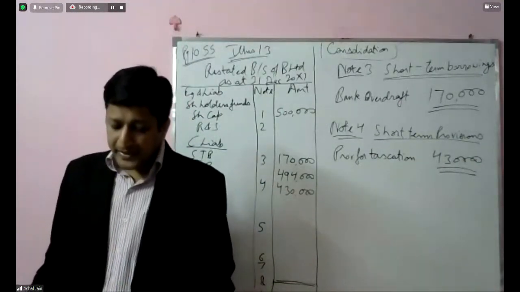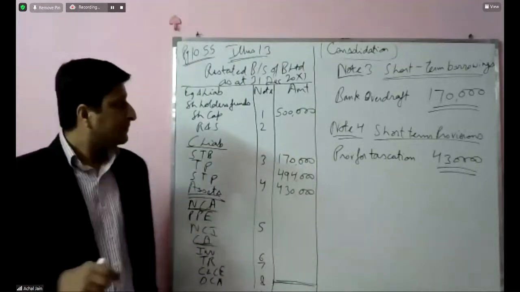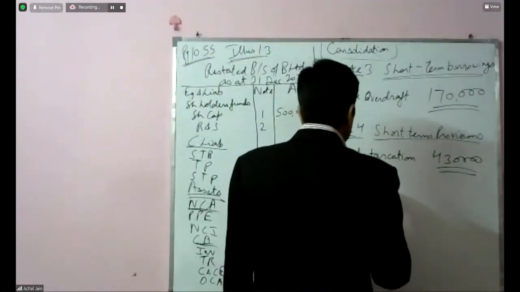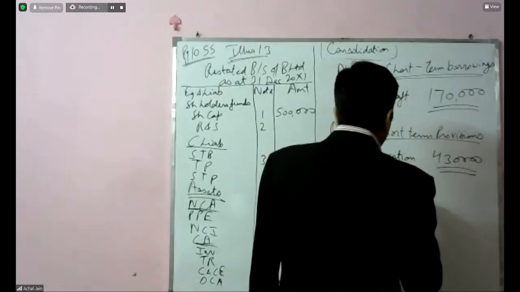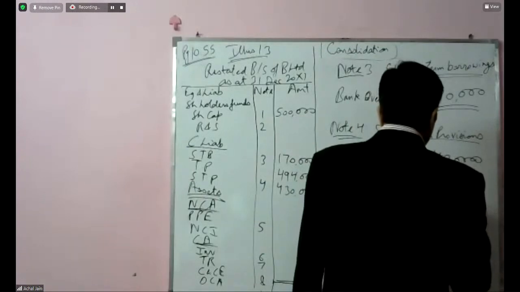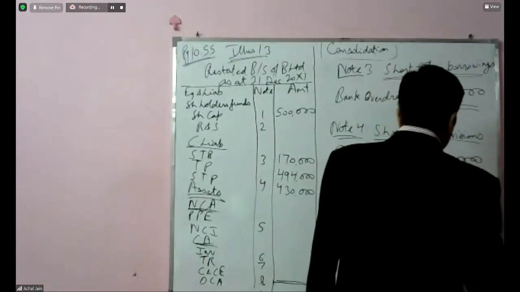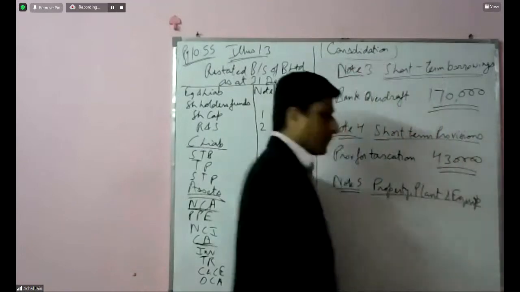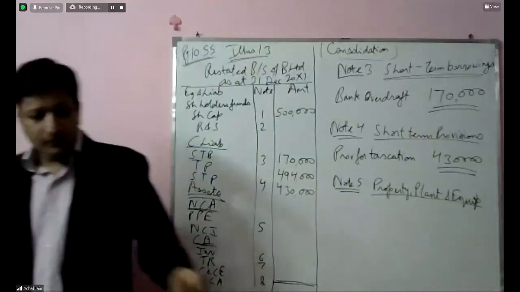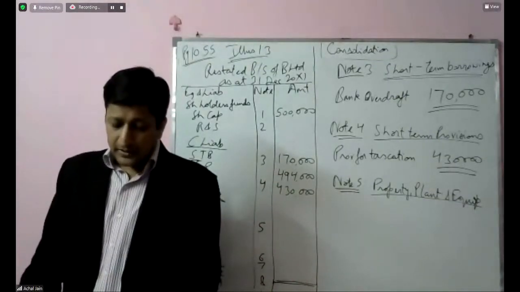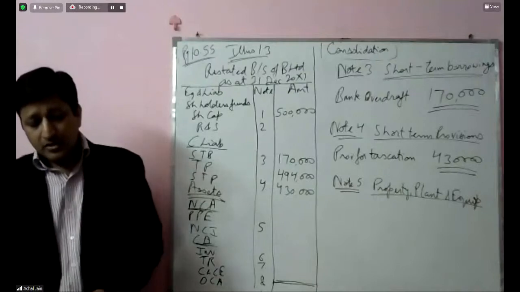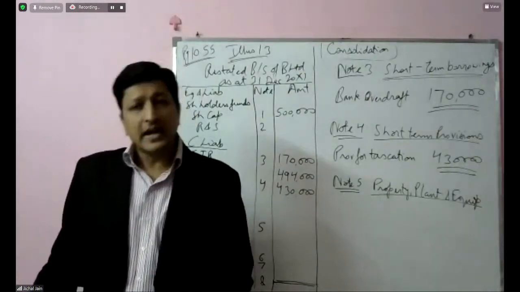Next is about PPE. Note number 5. Property, plant and equipment. Now for this, again, we'll need the information in the question. Cost 3,30,000 less depreciation 96,000.